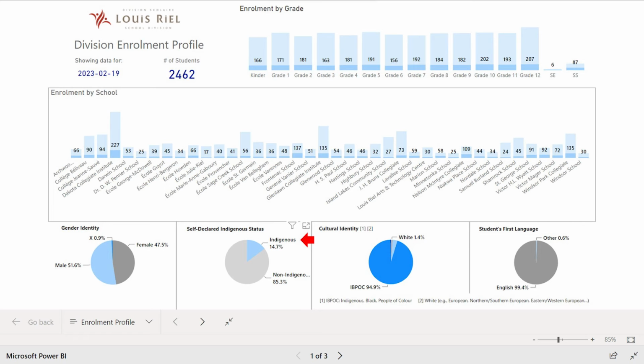So how many of our students self-declare their Indigenous status? And so that's 14.7%, or that was on Friday of last week. And we can see how that translates across the grades and the schools. And here we're doing pretty good.